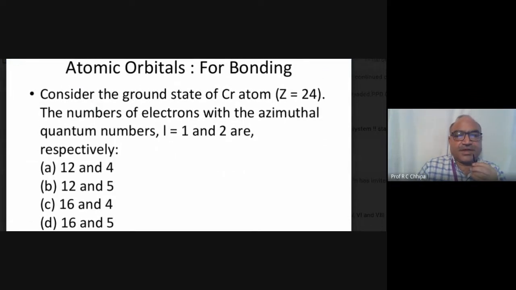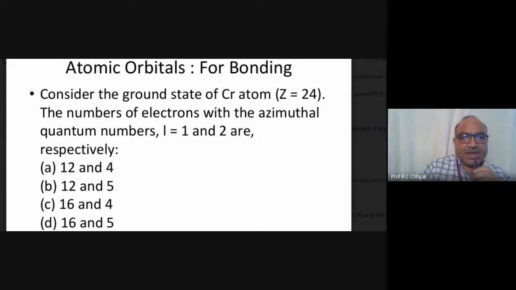Now, another question. Consider the ground state of the chromium atom. Chromium has a specific electronic arrangement, specific electron behavior. In the ground state of chromium, the atomic number is 24. We need the number of electrons with a given azimuthal quantum number. Here it is reversed, so we first have to find the l value. If l is equal to 1, that is the p sublevel, and if l is equal to 2, the d sublevel, and then the f sublevel.